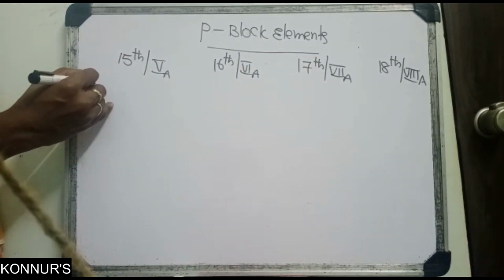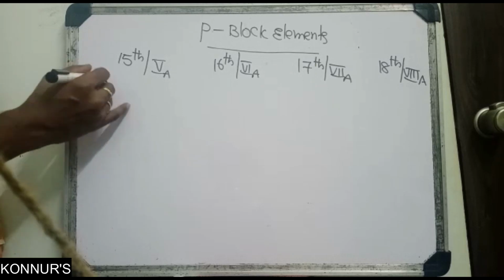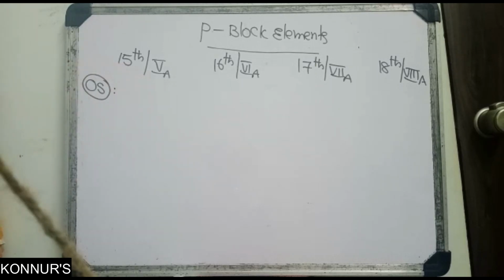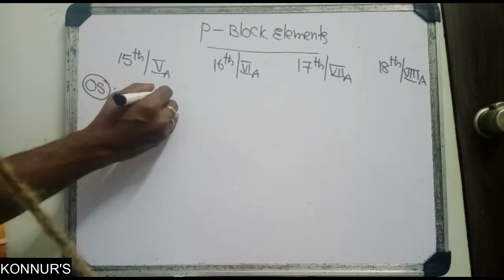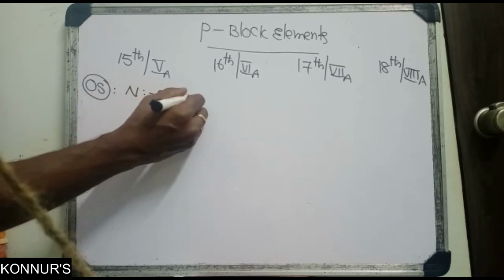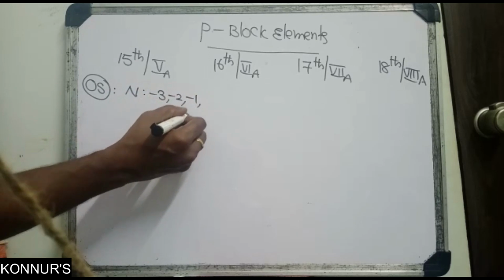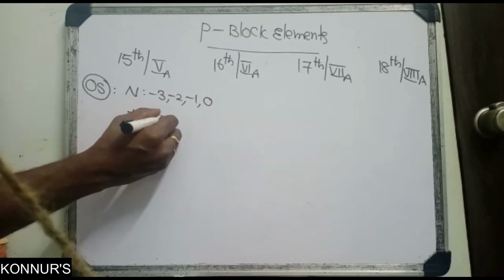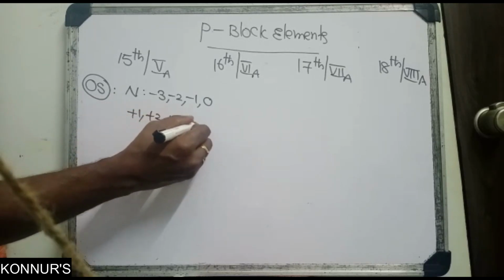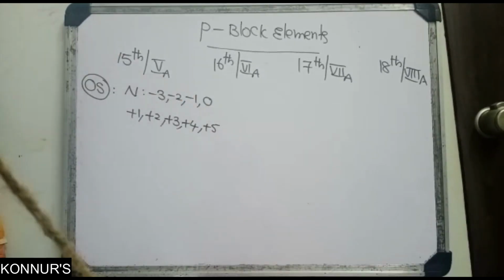Next, you see oxidation states. In all groups, if you take nitrogen, nitrogen is showing -3, -2, -1, 0, +1, +2, +3, +4, +5 also.